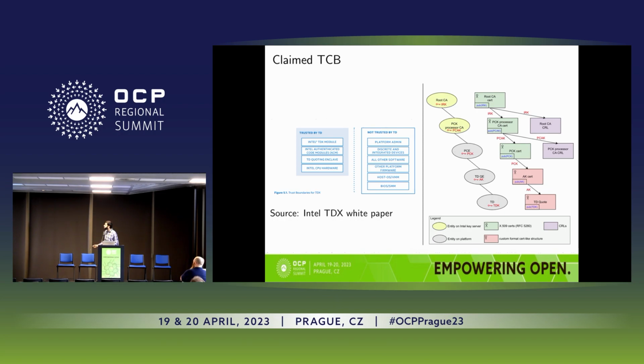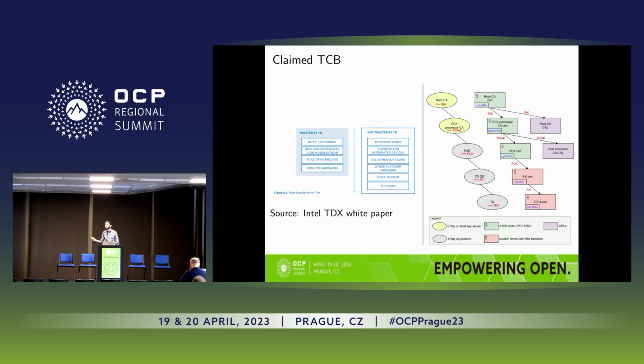However, not all of the certificates are standard. Here there are X509 standard certificates, but at the end, Intel uses customized-format, certificate-like structures. And even the structure of this TD code was not clear. We informed Intel about all of these missing details, but the high-level bit I want to focus on is that Intel claimed this is all that a TD needs to trust, and all other software is untrusted by the trust domain.